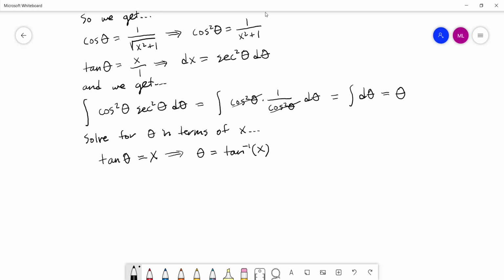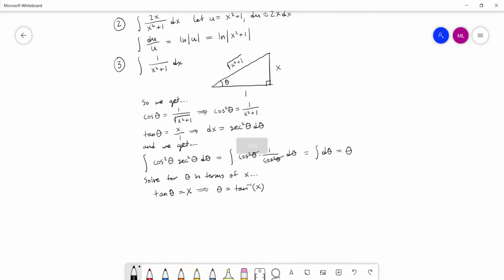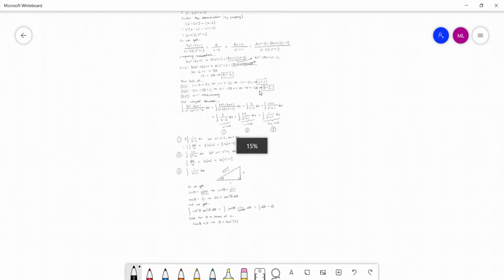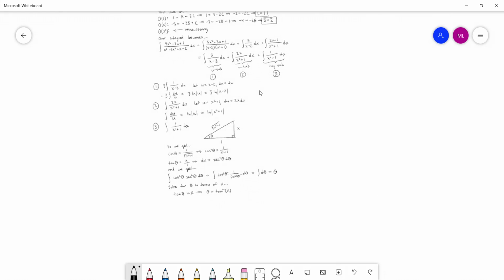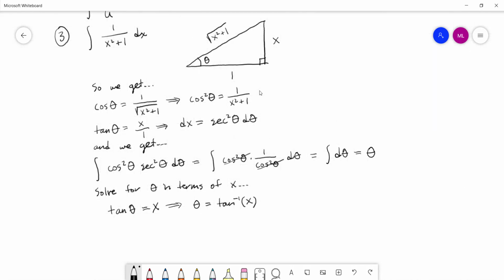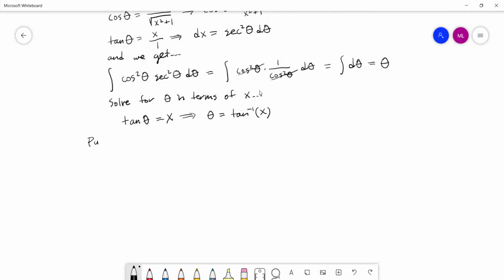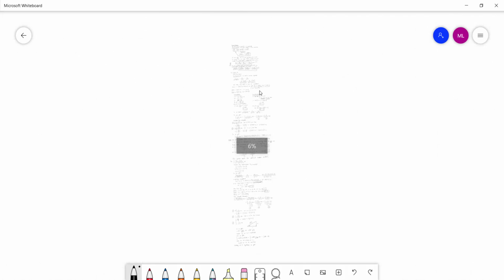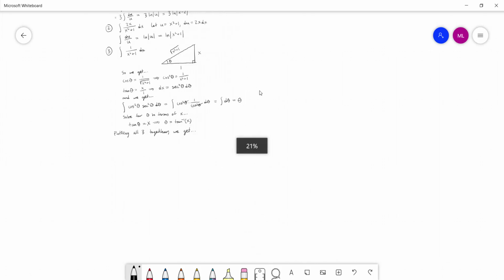Okay, so there is solving the last integral. Putting all three together, we get our final answer.